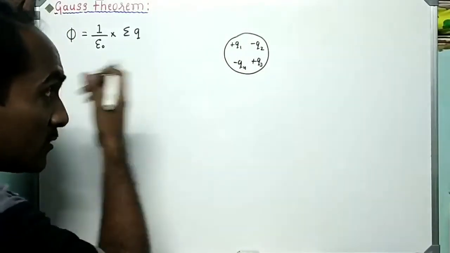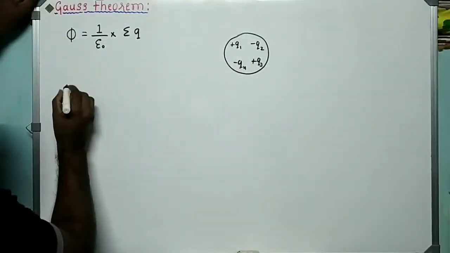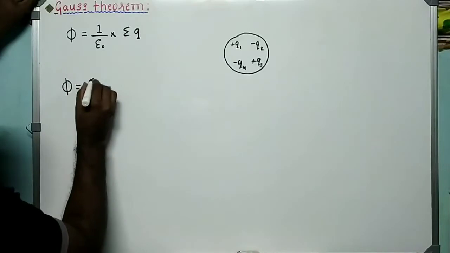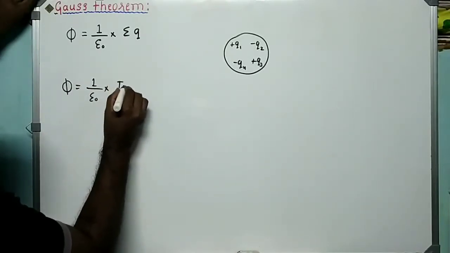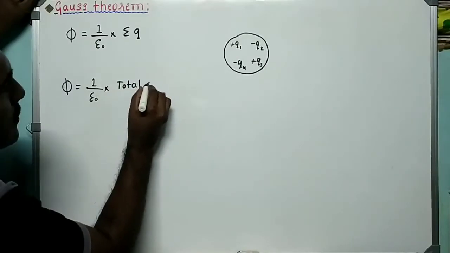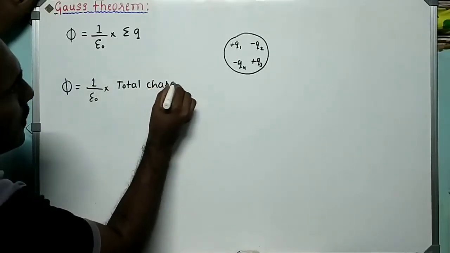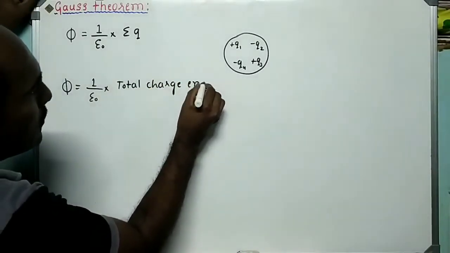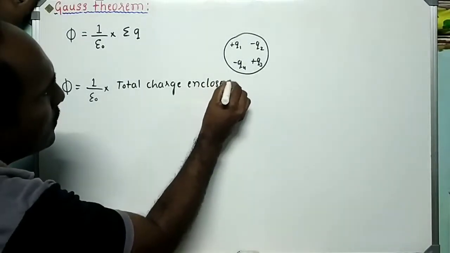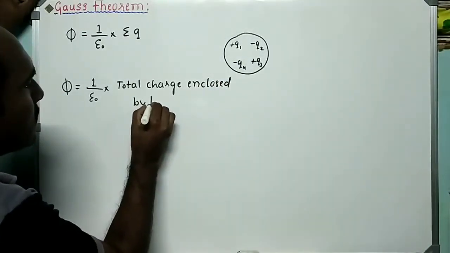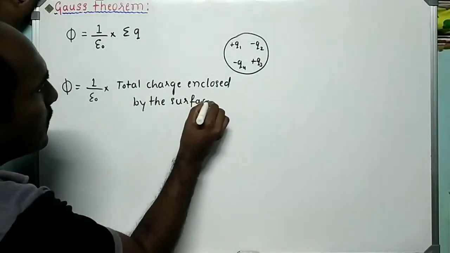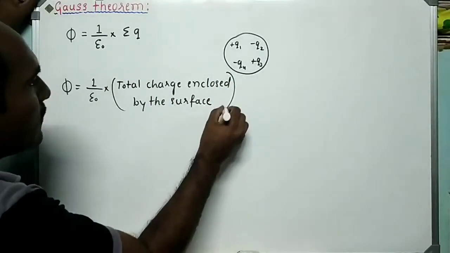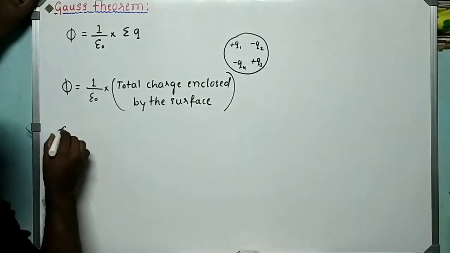Now what is the flux of this surface? Now flux is equal to 1 by epsilon naught into total charge enclosed by the surface. Getting the idea? If you multiply this with this, you will get the flux.